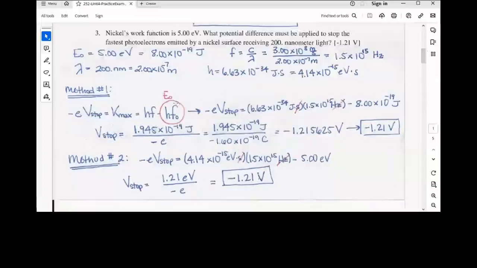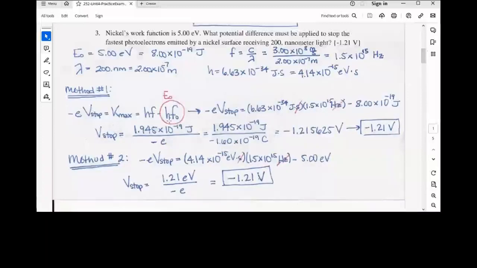And then h times f naught is the work function. Working with joules, I need to use the version of Planck's constant in joule seconds, so that's 6.63 times 10 to the negative 34. That energy is hf. Subtract off the work function, which is 8.00 times 10 to the negative 19 joules.